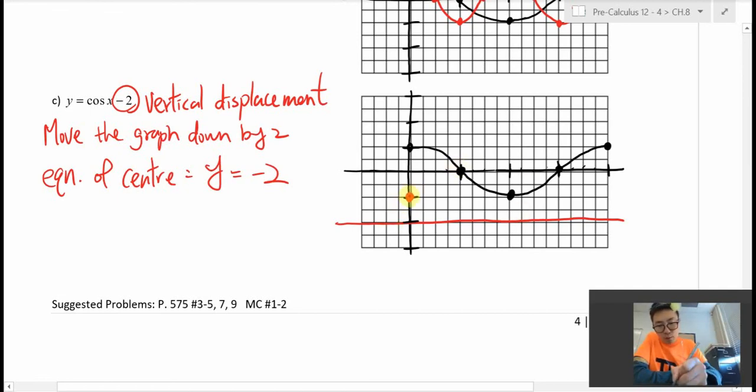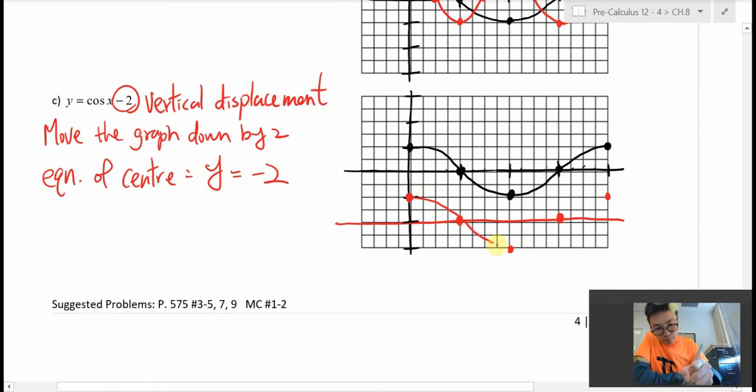So start with the maximum, end with a maximum. Halfway in between, right here, is our minimum, which is 1 below the center line. Between the max and minimum, you should have your x-intercept, because we moved the center line down by 2. So this is my new x-intercept, and here is my new x-intercept between the maximum and the minimum. So there is your new cosine graph.